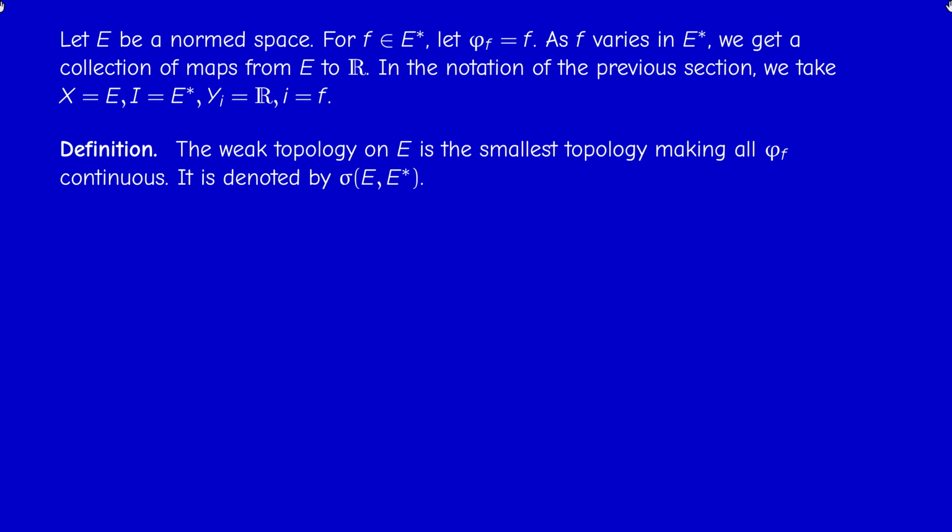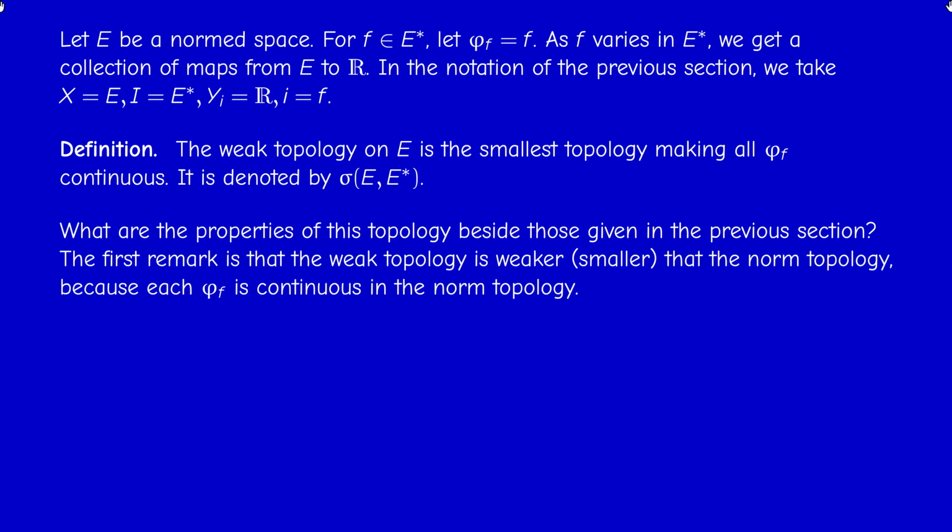Okay, so the first question is, how do they relate? Is there any relation between the two? Yes. The answer is that the weak topology is smaller or weaker, if you like, than the norm or strong topology. Why is this so? It's very easy.